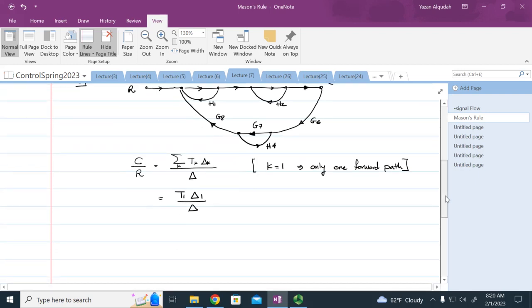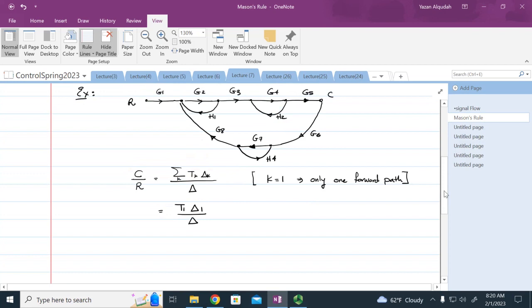So let's take the forward path, T1. What is T1? The forward path gain. What is the forward path gain? Excellent.